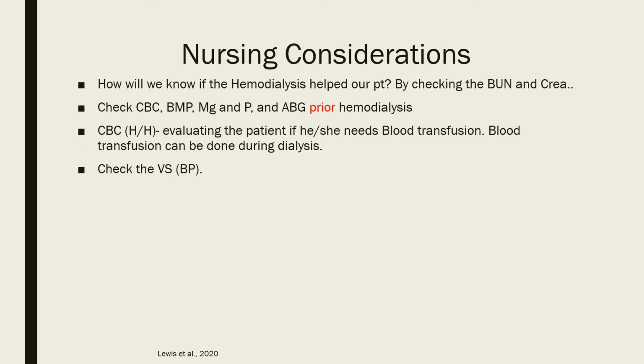Check the vital signs of your patient. If the blood pressure is critically low, then they can have CRRT rather than hemodialysis. So make sure you do your due diligence of assessing your patient.